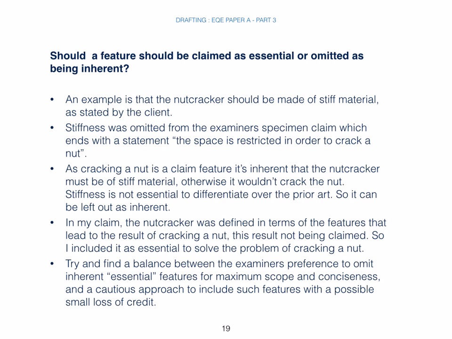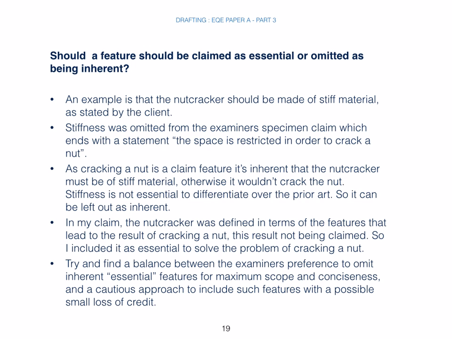If the examiners turned around and said it was essential to claim the stiff material, you would lose 5 to 10 points. On the other hand, including an essential feature that could be regarded as inherent may lead to no penalty at all, which was the present case, or a very small penalty. So it's asymmetric. You lose less by leaving it out than you lose by putting it in.